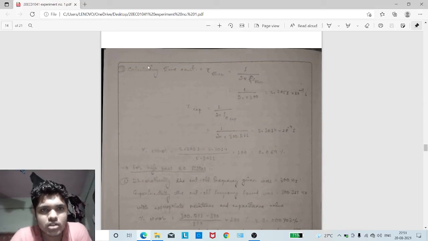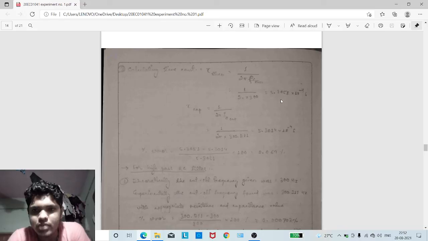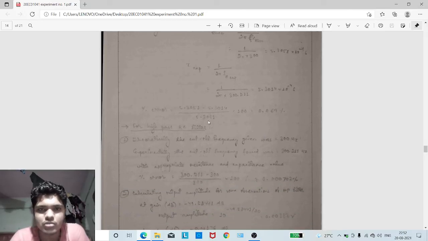Okay, so here we will calculate the time constant. The theoretical value is 1 by 2 pi fc, and we found the value 5.3051 times 10 raised to the power minus 4 seconds. For the experimental value, we found 1 by 2 pi fc experimentally, and here we have got 5.3014 times 10 raised to the power minus 4.